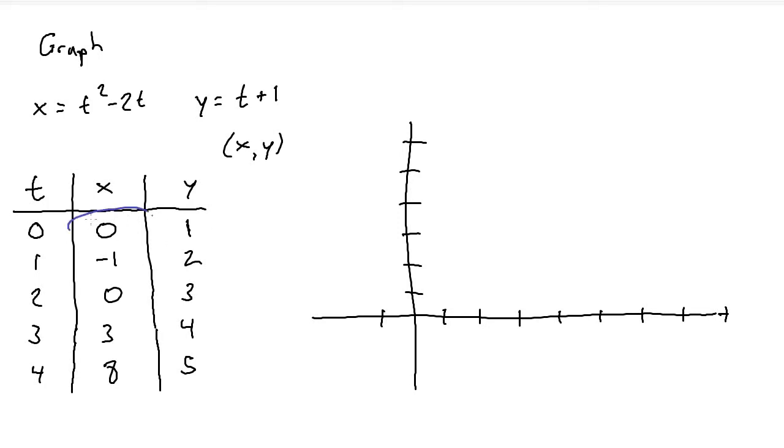So we have 0, 1, negative 1, 2, 0, 3, 3, 4, and then finally 8, 5. So something like this. And then I can just go ahead and draw the curve.